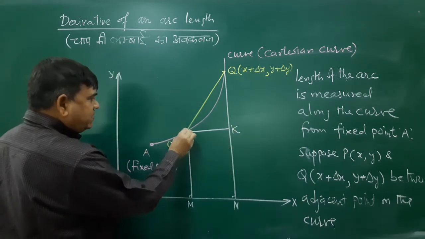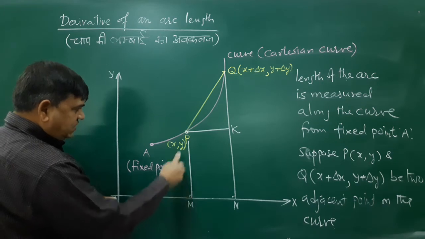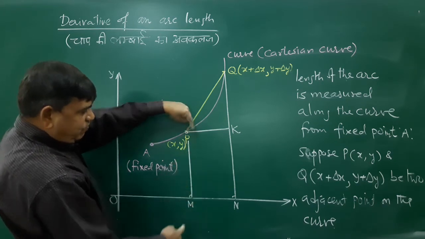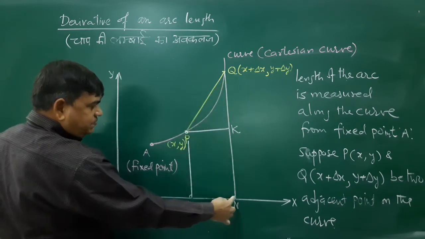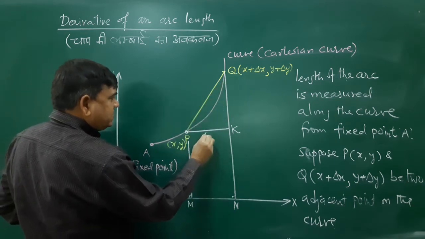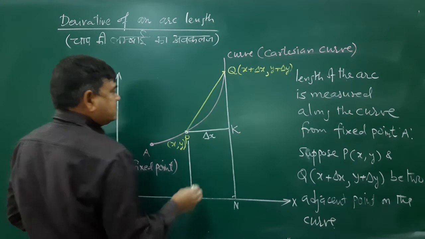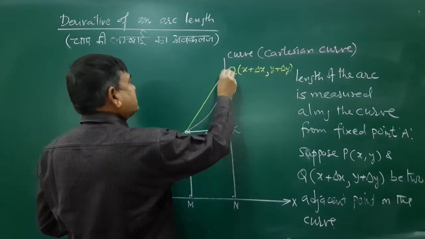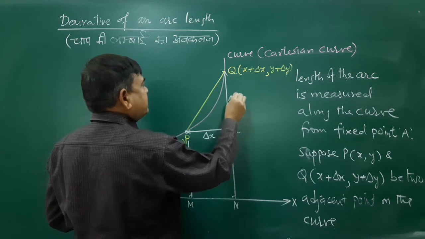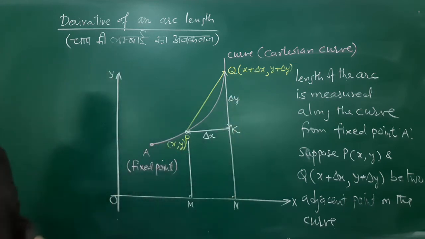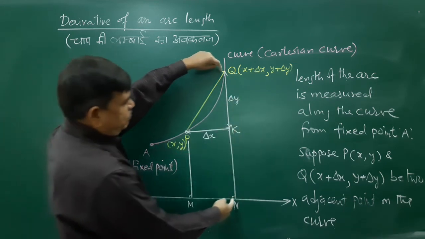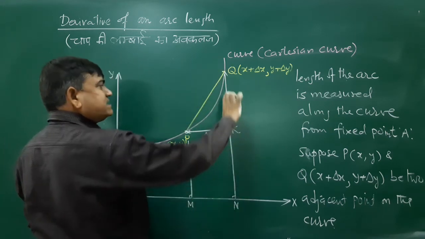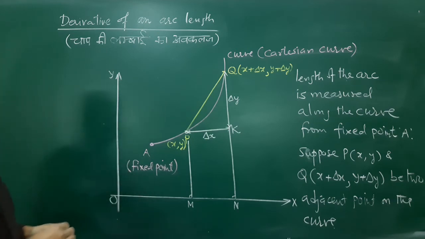So P having coordinates x comma y, so this distance is x and this is y, and this is x plus delta x, so this part will be delta x, and from this to this will be delta y. Because this is y plus delta y and this is y, so this is delta x and this is delta y.